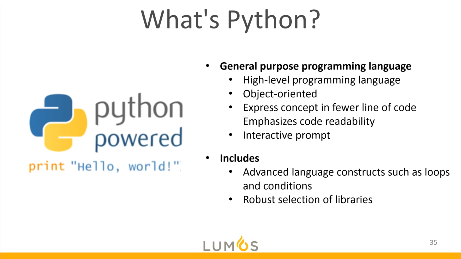So all the things that we'll talk about in the introduction to Python for network engineers, and then our advanced Python for network engineers courses coming up. And I do have a robust selection of libraries. So people have written thousands of existing Python programs, and I can call on those. I don't have to reinvent the wheel, okay?